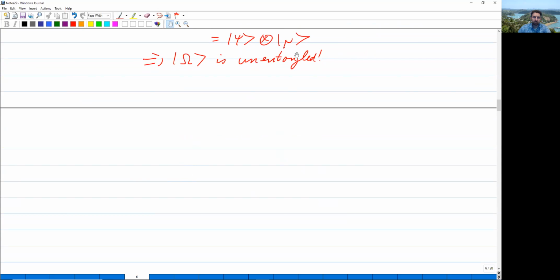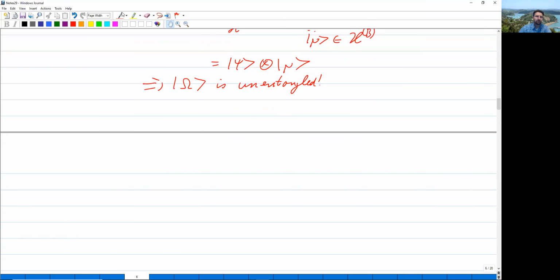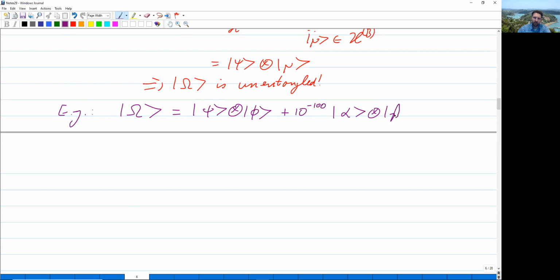For example, just a simple example, if we have a state omega, which is, let's say, psi tensor phi plus 10 to the power minus 100, and then here we have some alpha tensor beta.